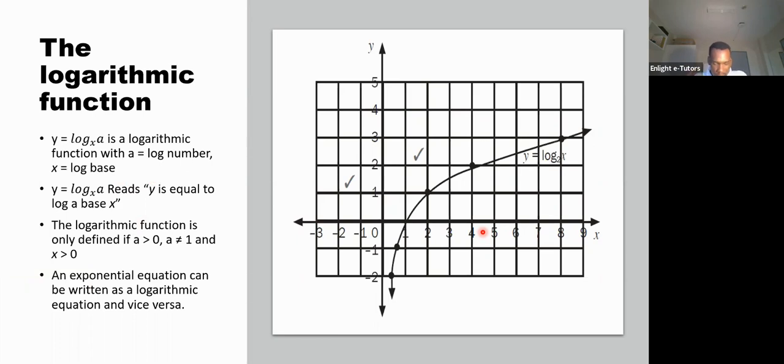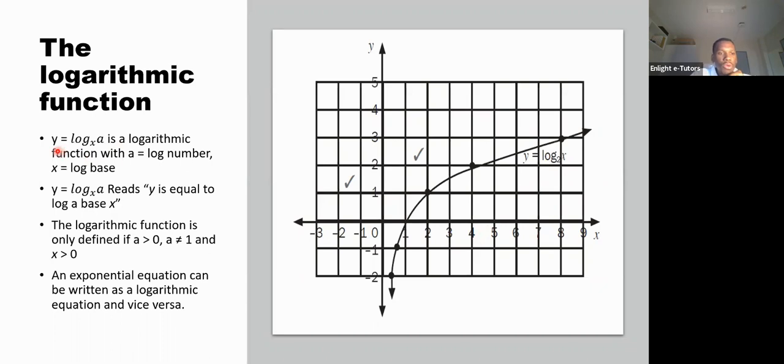This logarithm is the same as the exponential; it's just that here we use log. That's the difference. The other one is just a common one. This one is a log.